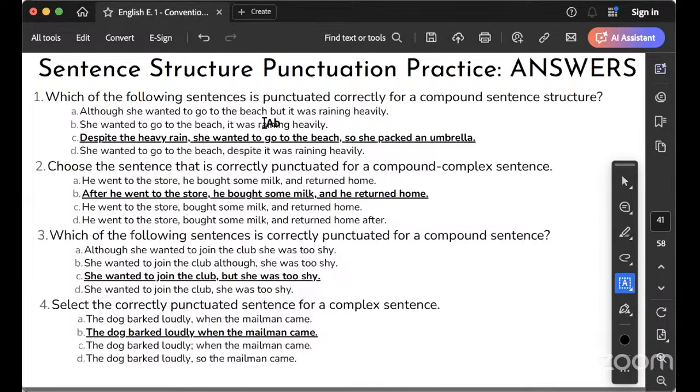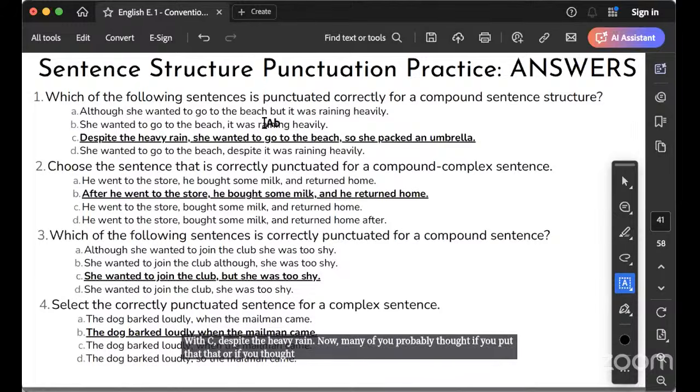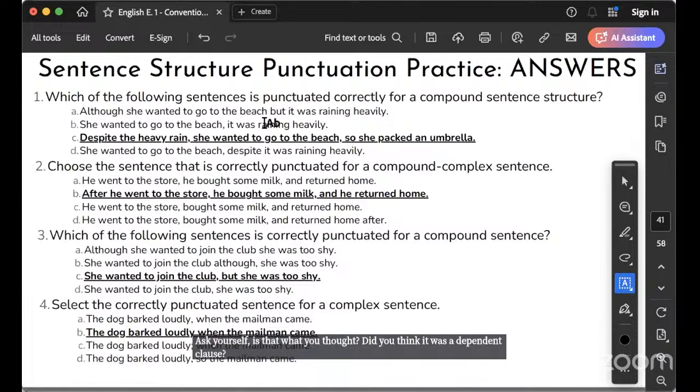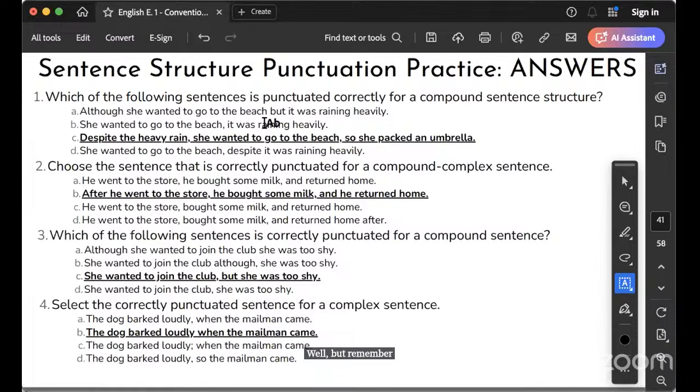With C, despite the heavy rain. Now, many of you probably thought that wasn't correct because you thought, oh, that's a dependent clause. Ask yourself, is that what you thought? Did you think it was a dependent clause? Well, remember, if it's a clause, it has to have a subject and a verb, and it will express a complete thought. What's your verb?